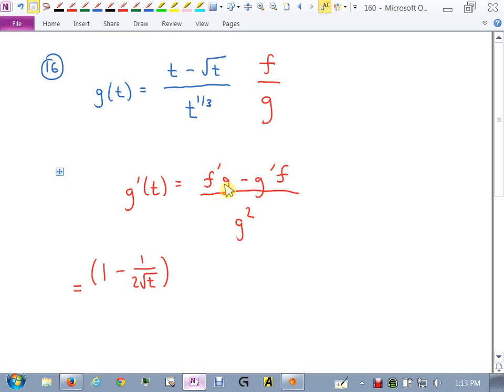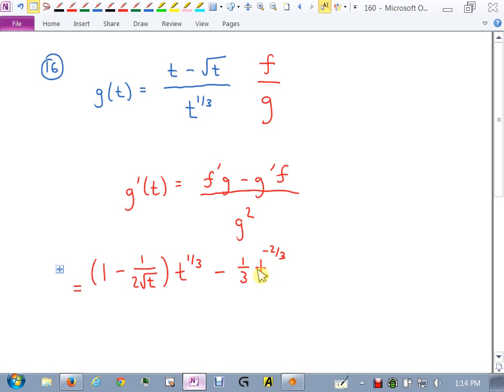Okay, that's f prime now times g, so t to the 1/3. Don't need it in parentheses because there's only one thing, so you don't have to put it in parentheses. You could, yes, it wouldn't be incorrect. This has to be in parentheses because there's two terms. Okay, minus, what's g prime? 1/3 t to the negative 2/3.